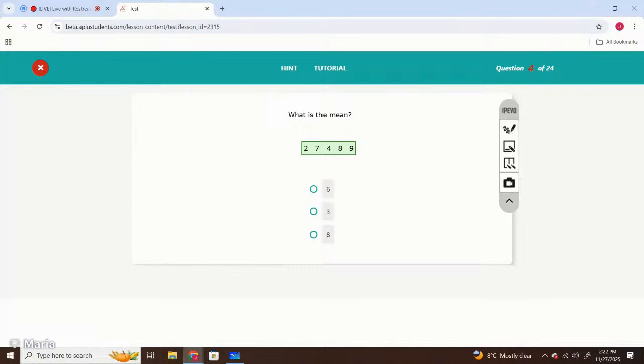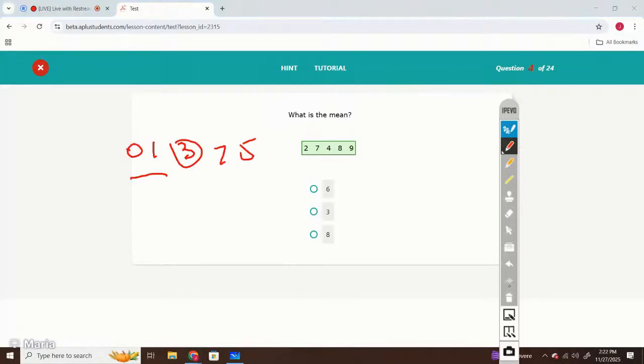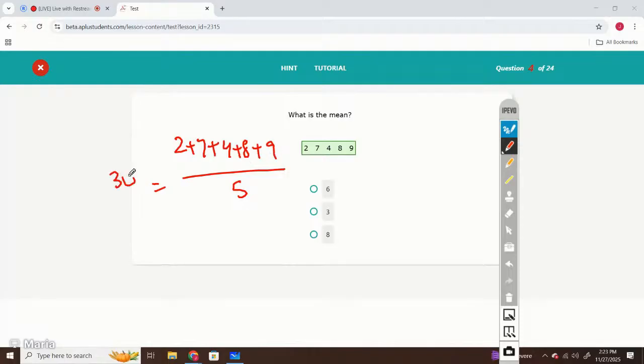What is the mean? So let's just calculate the mean. We need to add them all and divide by 5, because there are 5 numbers. 2 plus 7 plus 4 plus 8 plus 9 divided by 5. 7 and 2 and 4, 13. 21 and 9, 30. 30 divided by 5.